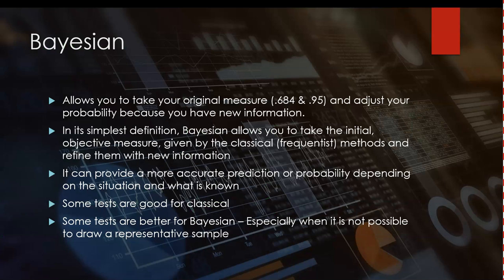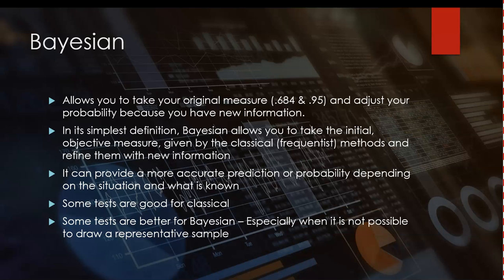Here is a little illustration using our previous slide information. Bayesian allows you to take your original measure or your prior knowledge of 0.684 and 0.95 and adjust the probabilities because we have new or additional information. In its simplest definition, Bayesian allows you to take the initial objective measure given by the classical frequentist methods and refine them with new information.